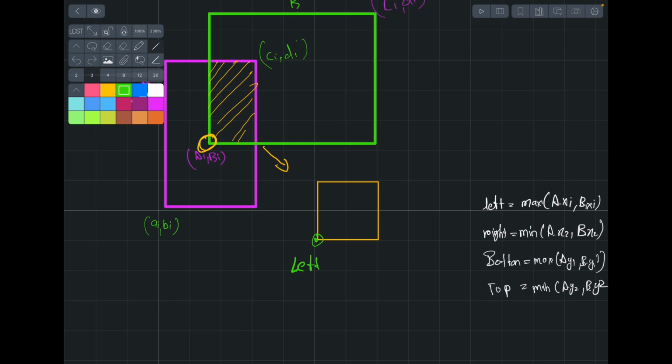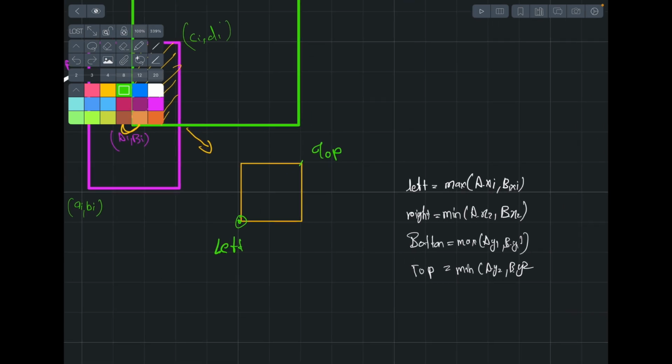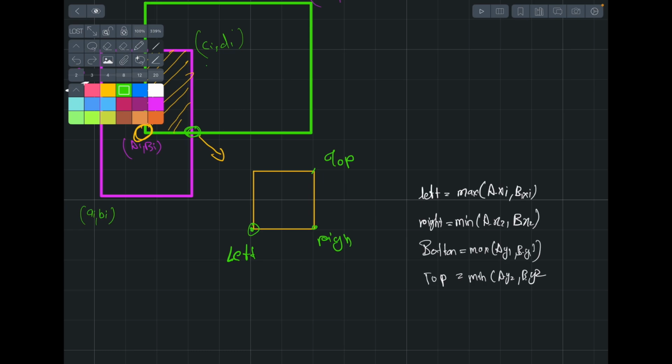Left will be the maximum of A.x1 and B.x1. This will be our top, the minimum of ay2 and by2. This is our right, the minimum of ax2 and bx2.